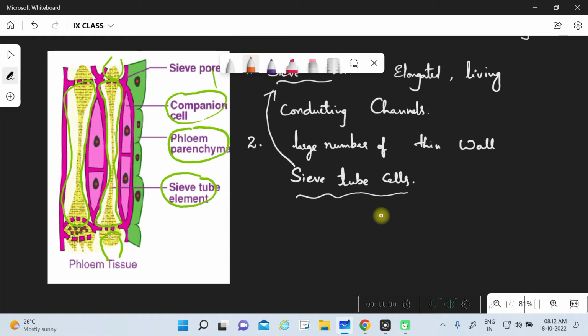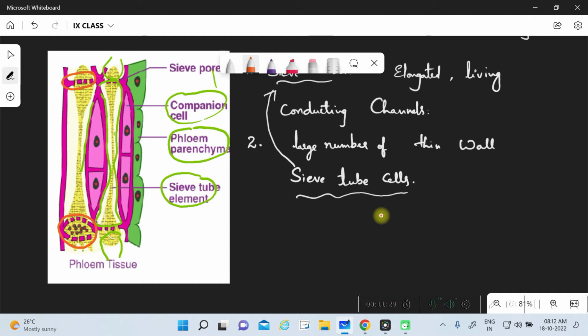Imagine I'm erasing this sieve tube cell. Now you can see this is the end wall of a sieve tube, and this is also an end wall of a sieve tube. These are the transverse end walls of sieve tube cells.